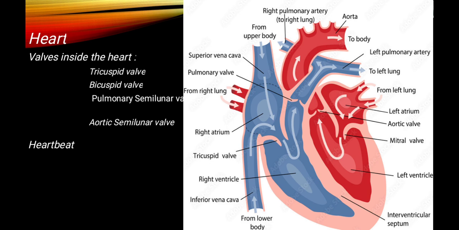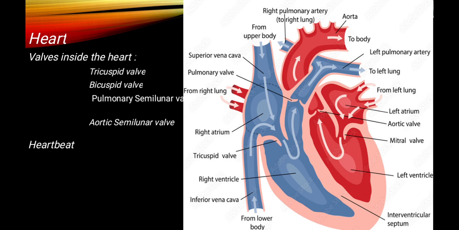Beating of the heart is controlled by a pacemaker, also known as the sinoatrial node, which is a group of special nerves in the right atrium. The sinoatrial node, or the pacemaker of the heart, is in the right auricle of the heart, which initiates an impulse that causes both the auricles of the heart to contract, followed by the contraction of ventricles.